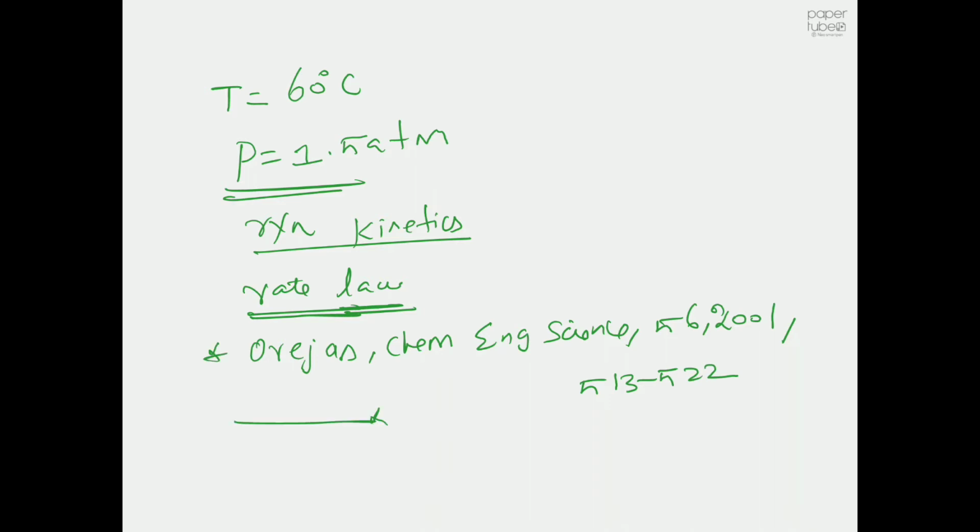There they reported the reaction kinetics, or they defined a rate law for the conversion of your reactant ethylene to ethylene dichloride, and it follows a simple rate law. R is equal to k1 times the concentration of ethylene times the concentration of Cl2, and the units are kilomoles per meter cubed per second.